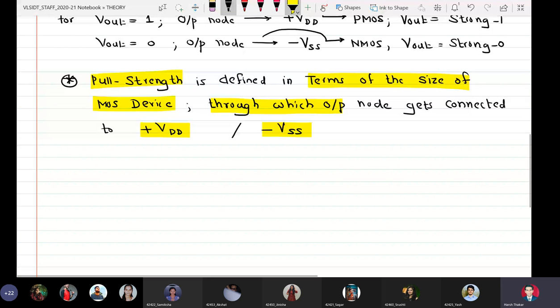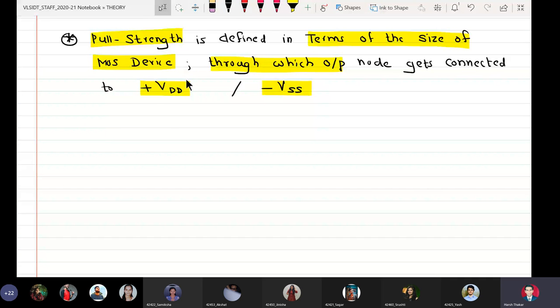That is why the size of the MOS device through which the output node gets connected to VDD is called pull-up strength. Similarly, the size of the MOS device through which the output node gets connected to minus VSS gets the name pull-down strength.